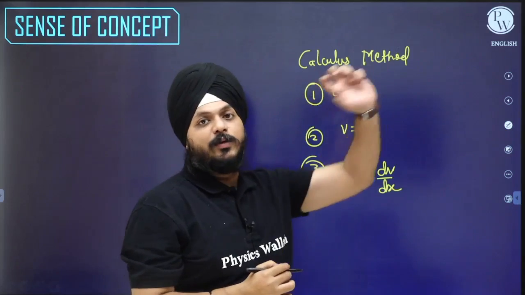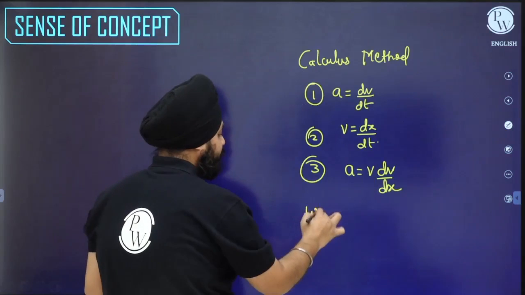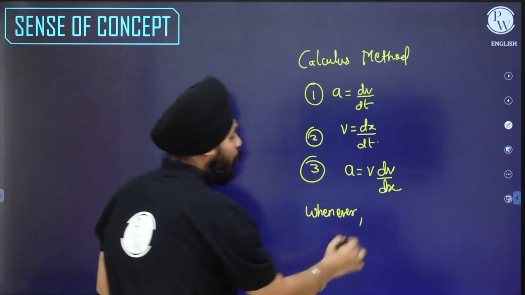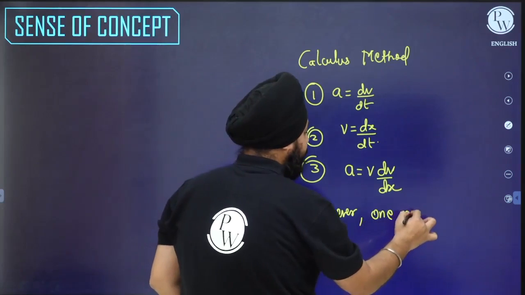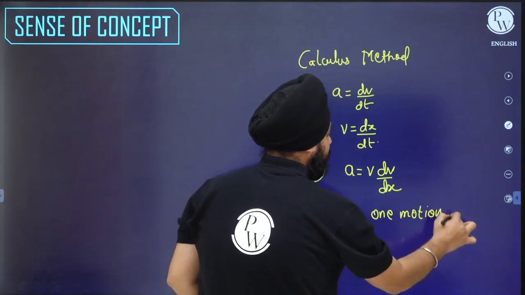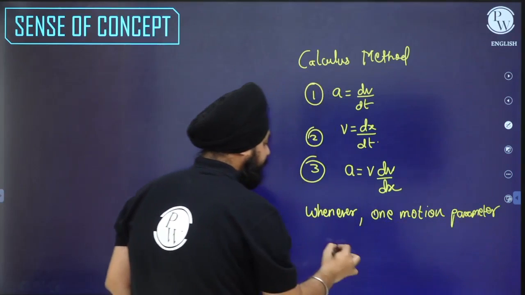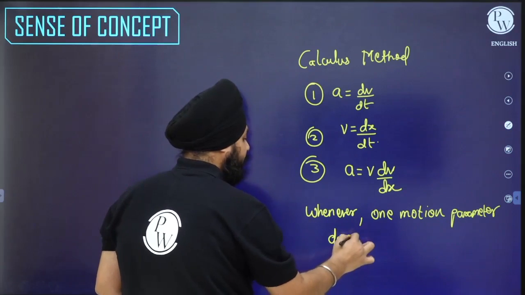This kind of calculus method is used whenever one motion parameter depends on another.